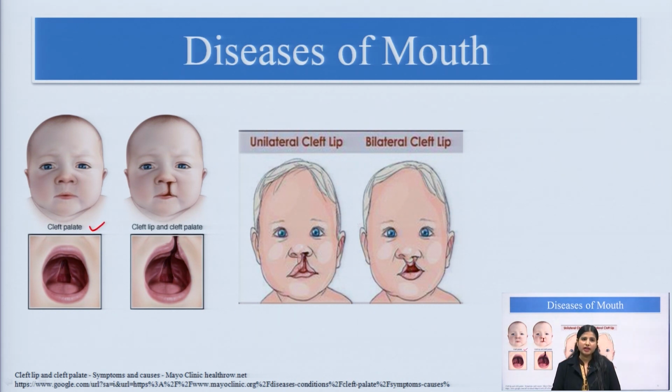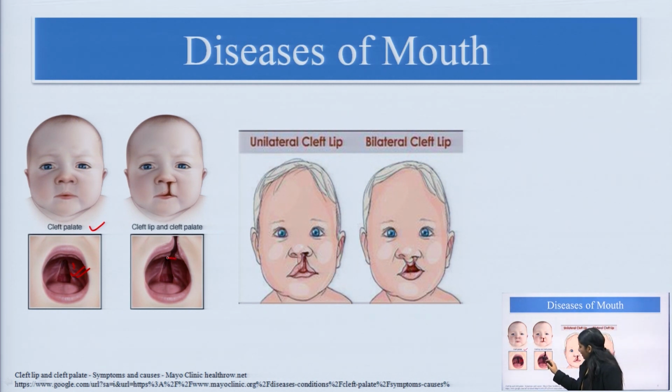In the cleft palate, as I told you, there is an opening in the roof of the mouth. Here we can see that the palatine bones are not present. That is a cleft palate. And in this situation, we can see the child is suffering from both cleft lip and cleft palate.